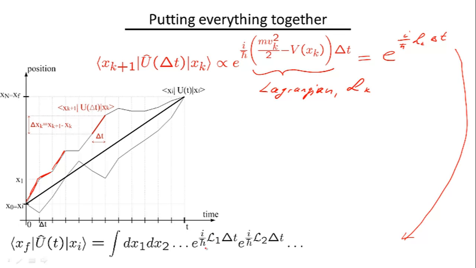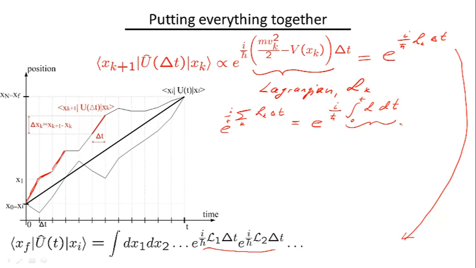Now the last step in the derivation is just to recognize that the product of the exponentials can be written as an exponential of the sum, i over h bar L sub k delta t. And as delta t, the time interval, goes to 0, we can simply write it as e to the power i over h bar times an integral from 0 to t of L dt.